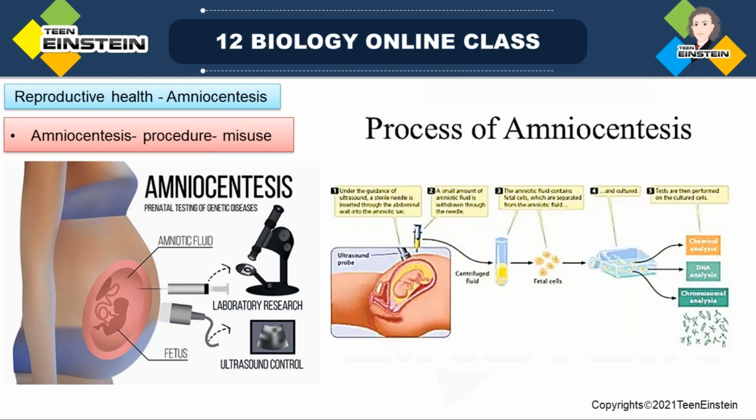A number of chromosomal problems or abnormalities can be detected through this method. Some biochemical estimations can also be conducted with this fluid. With these test reports, we can get a clear idea about the health of the growing fetus.